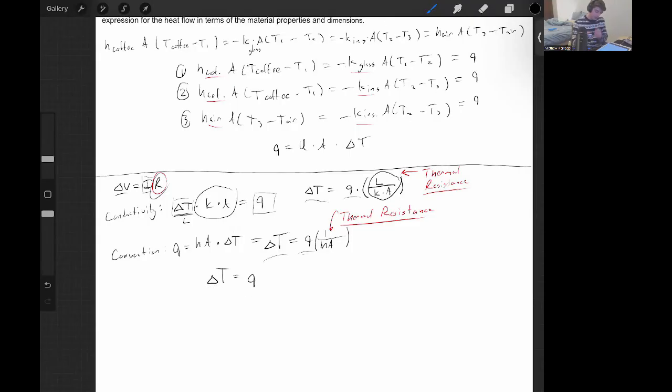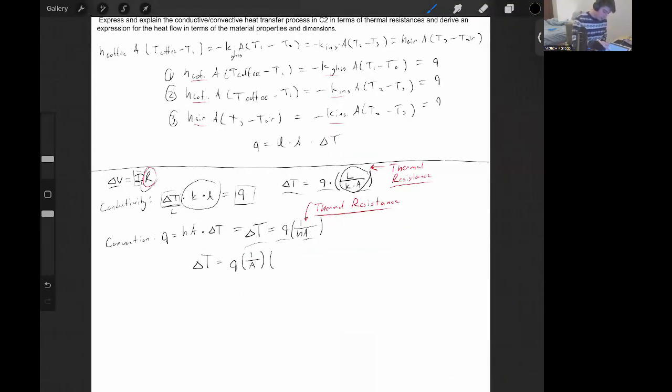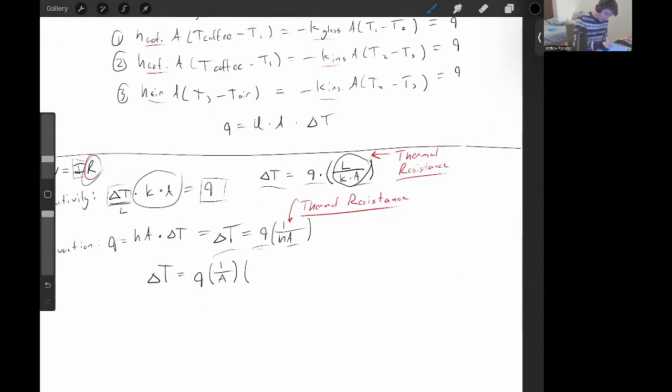So now we're just going to combine like terms. And now what we're going to do is put 1 over area in front. We're just going to pull it out from these terms. And we're going to apply these thermal resistances to our equation here from our coffee system that we have made. So if we start with coffee, this will look something like 1 over h of coffee.